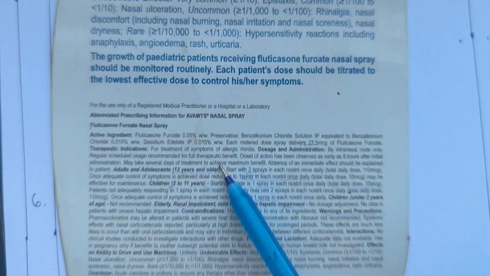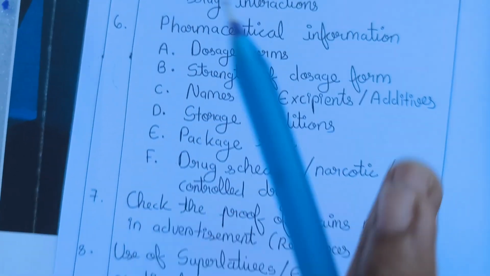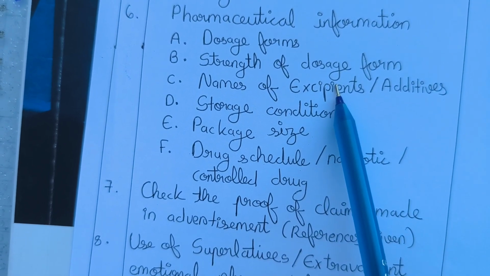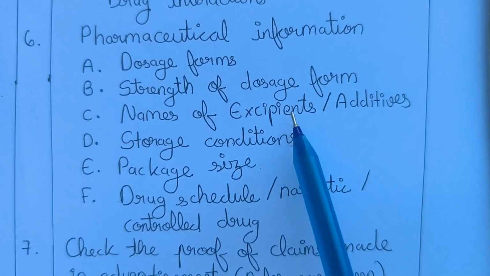So all of it is mentioned. Dosage form is also mentioned, strength is also mentioned, and additives are also mentioned. In additives, the active ingredient is mentioned and the preservative is also mentioned.